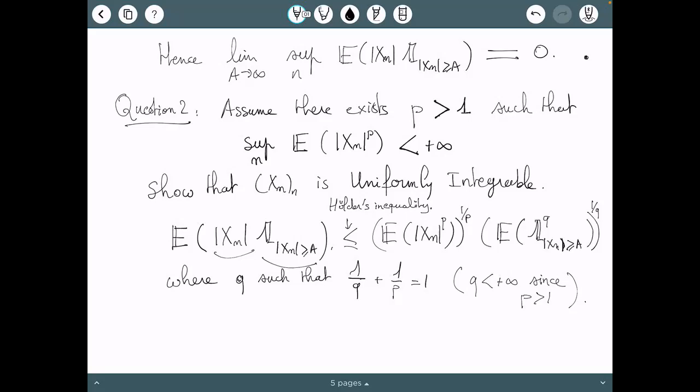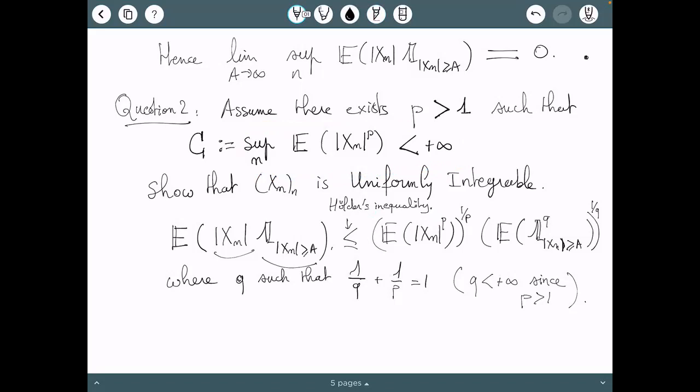Okay, so what is good is that this guy here is uniformly bounded in n because of the assumption. We know that the supremum over n of this expectation is finite. So let me give some name to this guy. We call it C, which is a finite constant independent of n.